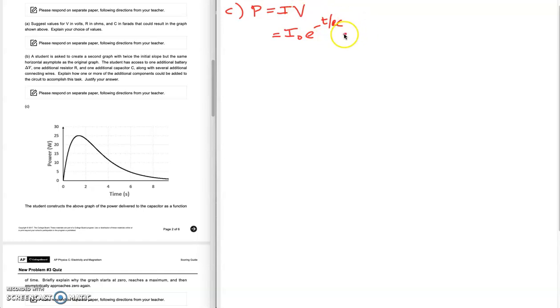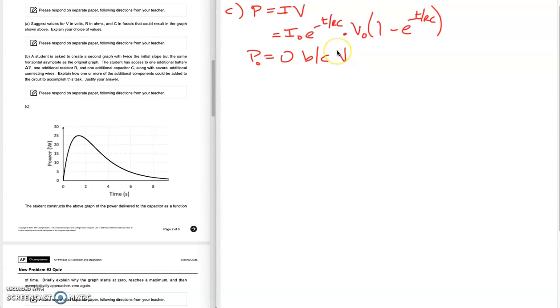And for the voltage, this is going to be V naught times 1 minus e to the minus t over RC. So the initial current, well, when you plug in 0, that's going to be a maximum, but the voltage is at 0. So 1 minus, well, this will be 1, that gets a 0. So P naught is equal to 0.